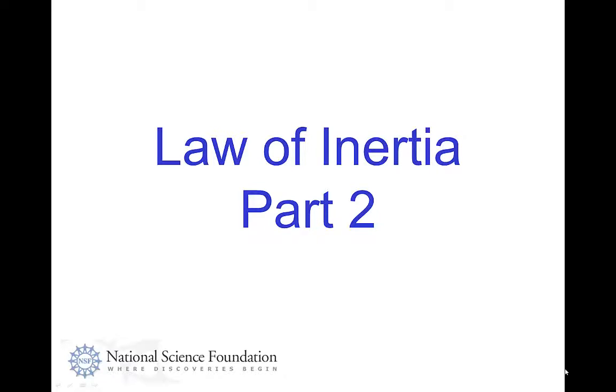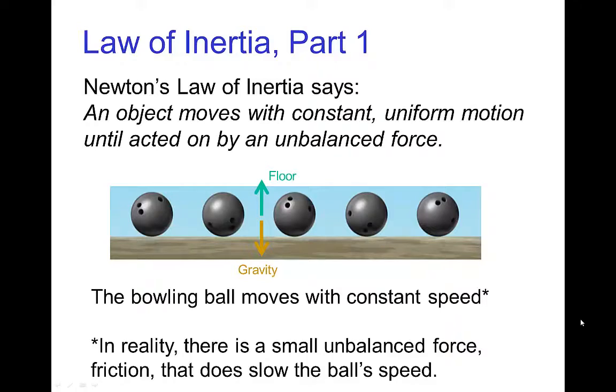Okay. Law of inertia, part 2. So in part 1, we saw that Newton's law of inertia, which is also known as Newton's first law of motion, says that an object moves with constant uniform motion until acted on by an unbalanced force.